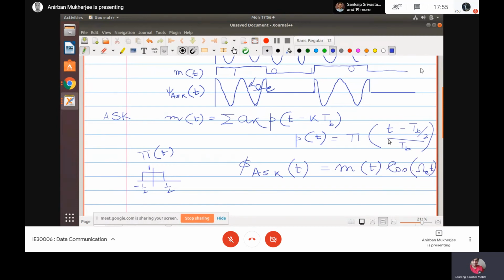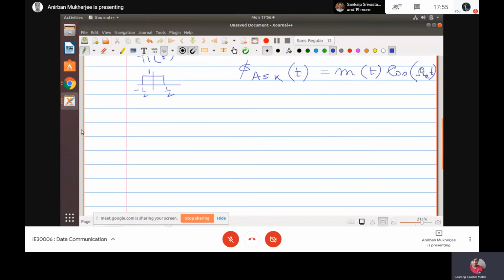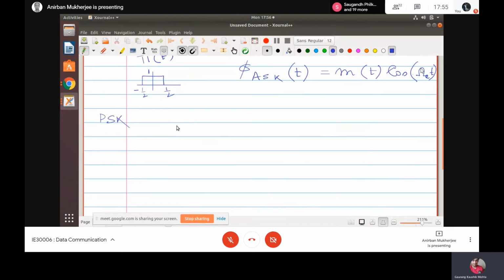Now, if it is a PSK, then what would happen? You see, it is the same type of waveform.